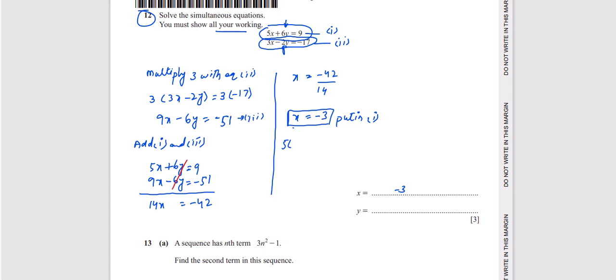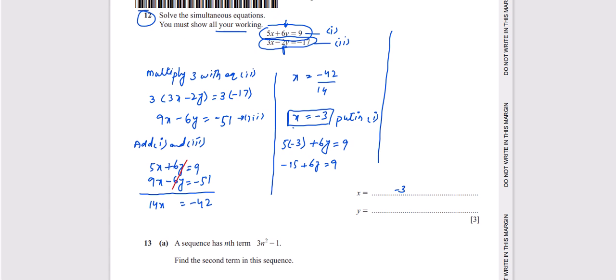5x, where x is equal to minus 3, plus 6y is equal to 9. 5 multiplied by minus 3 is minus 15, plus 6y is equal to 9.